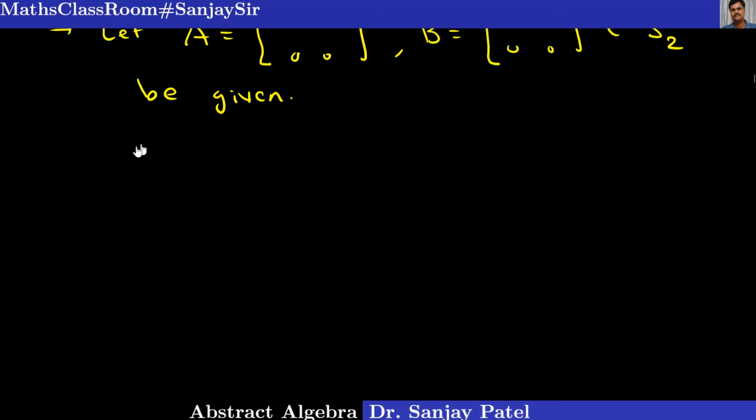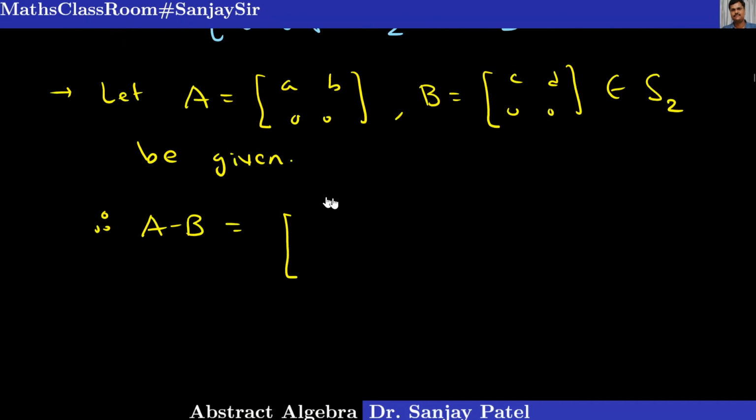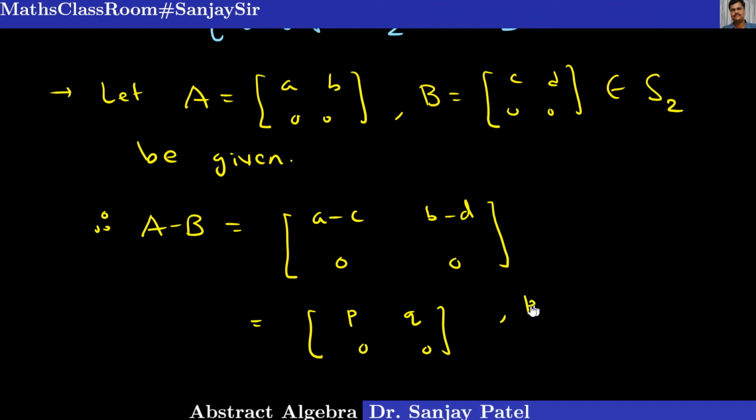So I am taking two arbitrary matrices in S2. And if I now find A minus B, it is very obvious. If you subtract these two matrices, what you will get is [A minus C, B minus D; 0, 0]. Okay, so this is also of the form [P, Q; 0, 0], where P I am taking as A minus C and Q as B minus D, and both of these are real numbers.